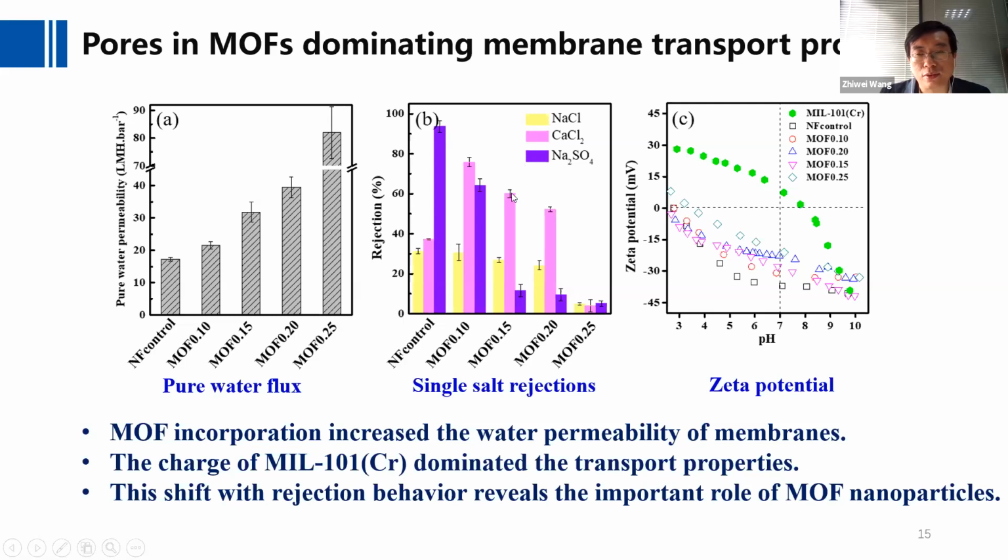It suggests that the MOF particles played a dominant role in rejecting such kind of salts, suggesting that the nanochannels will also play a dominant role in rejection of the trace organic contaminants. Also, why it will cause such kind of change.